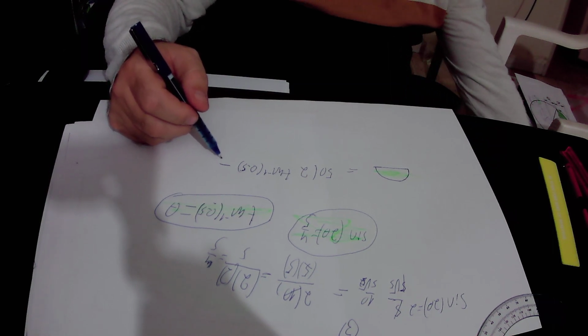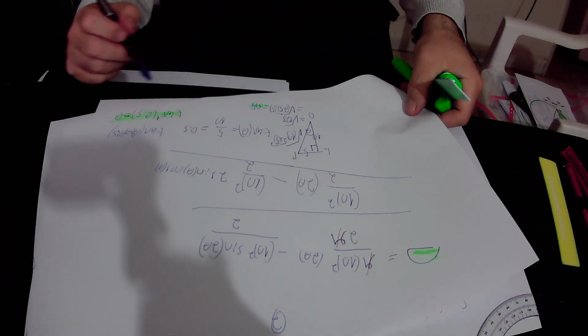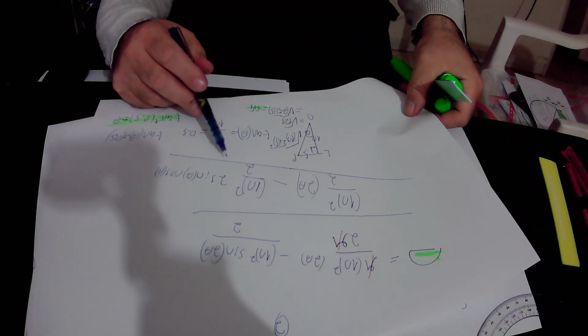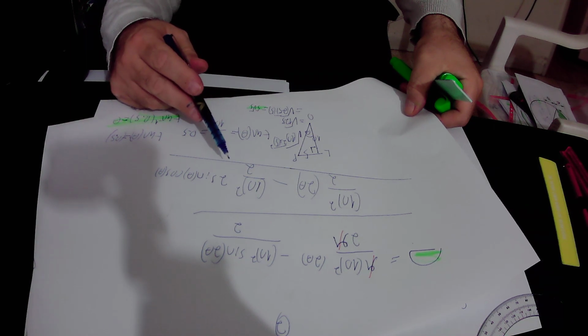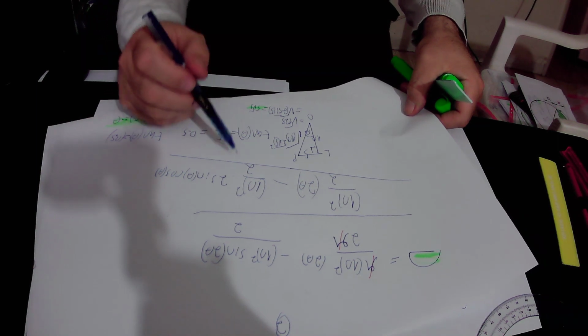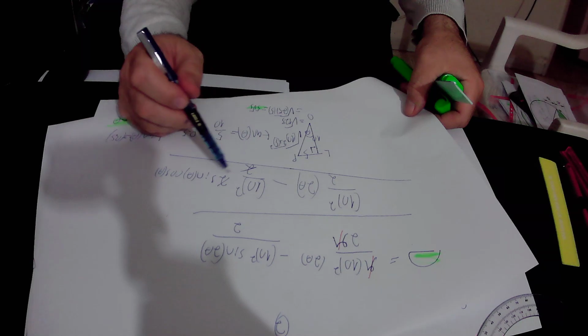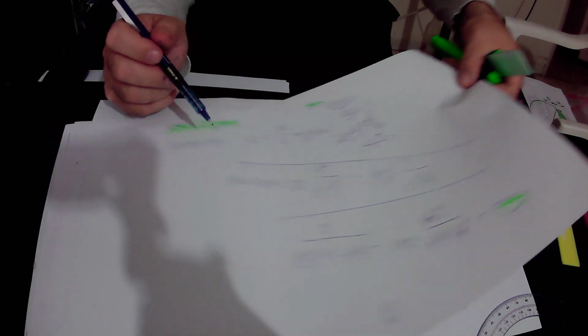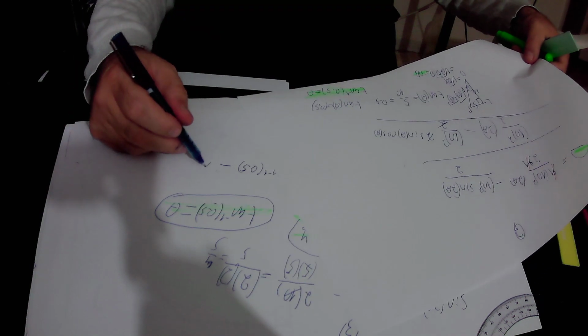So here we have 10 squared. Here we have 2 in the numerator and 2 in the denominator, so 2 will get cancelled, and we are left only with 10 squared, that is 100.